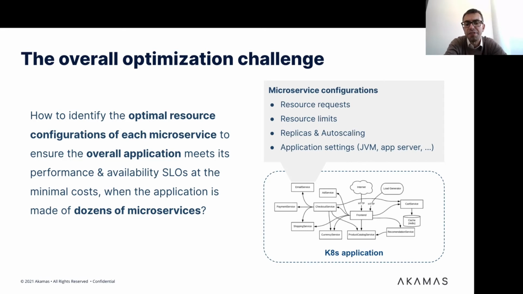So the real question is, how can we set all of the microservice parameters, which include resource requests and limits, but may also include auto-scaling and application-level settings like JVM options, to ensure the overall application meets its performance and availability requirements and SLOs at the minimum cost?